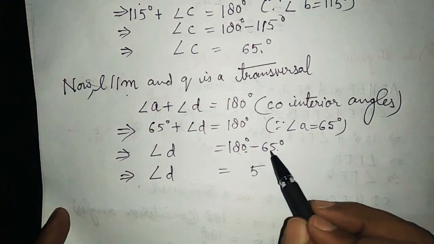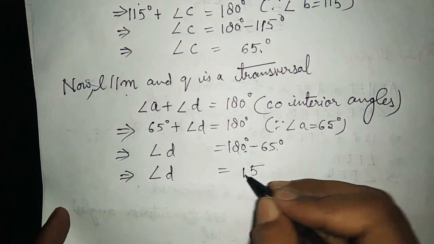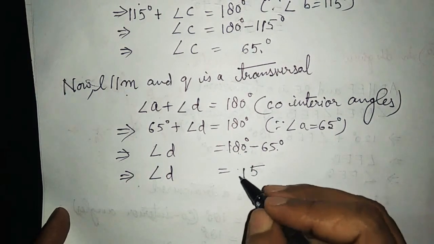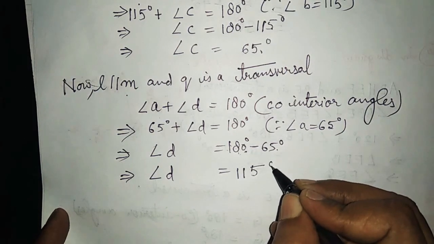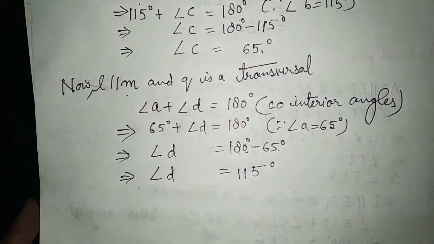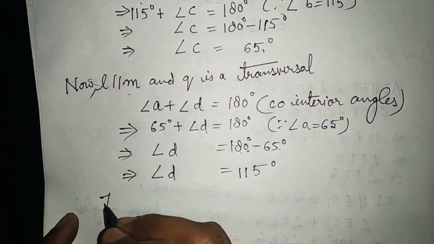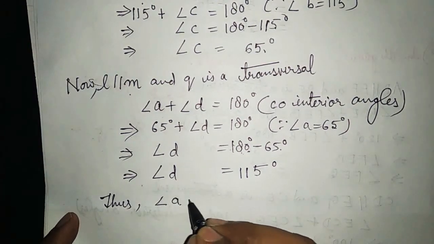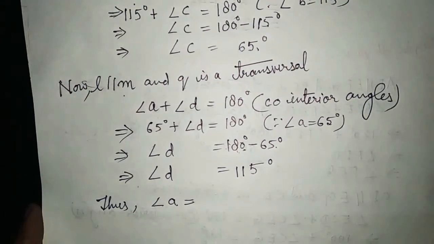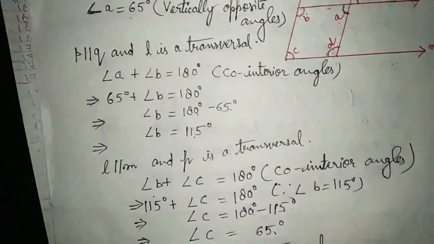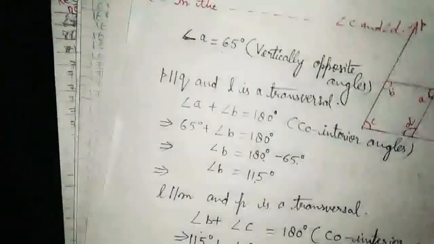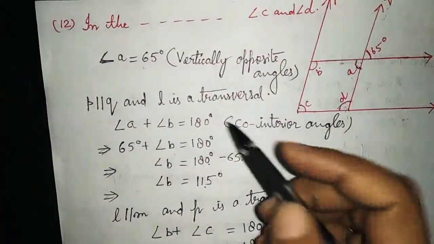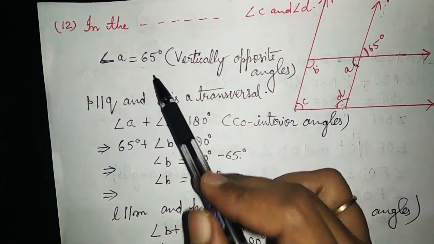Okay, 7 minus 6, 1, and this 1. 115 degrees will come, and at last we will write the measure of angle A. A is 65 degrees. Okay, A is 65 degrees.